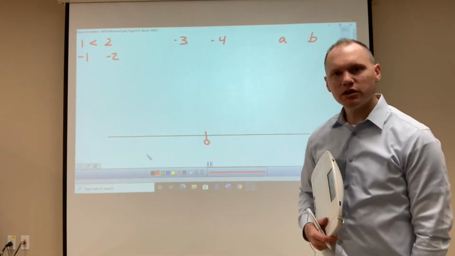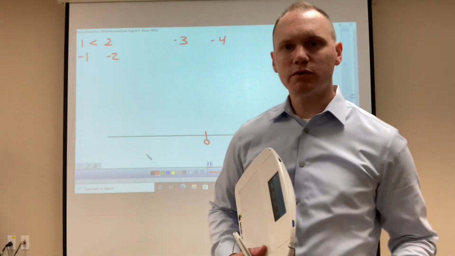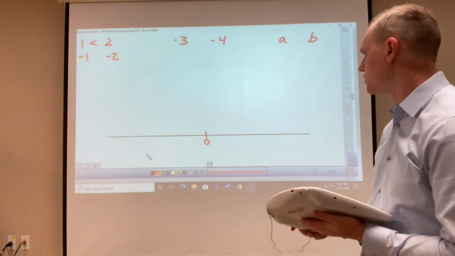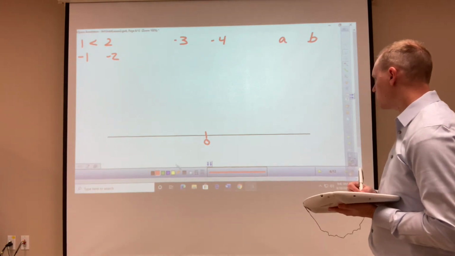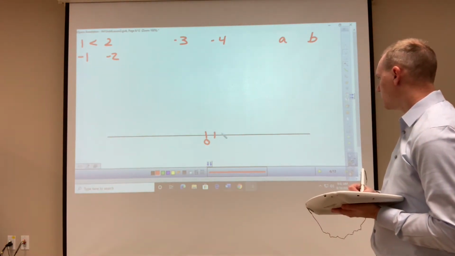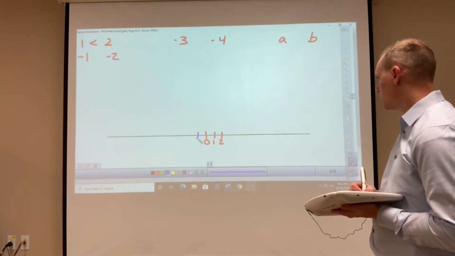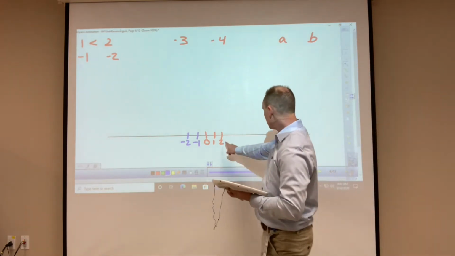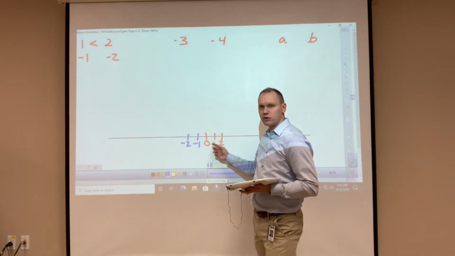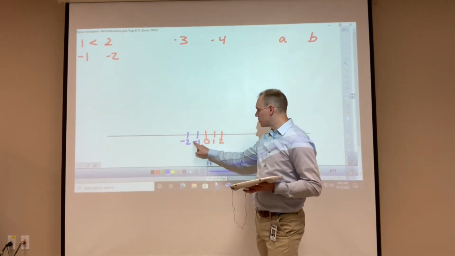Well, what's the relationship between those now? What's the relationship between -1 and -2? Well, let's see. We started out with 1 and 2, and now we've got -1 and -2. Starting out, 2 was greater than 1. But what happens when we multiply or divide by a negative number?